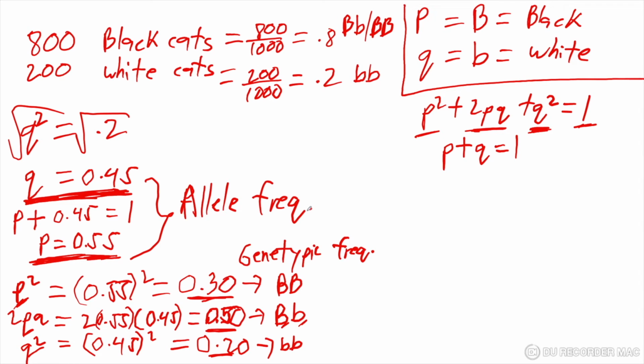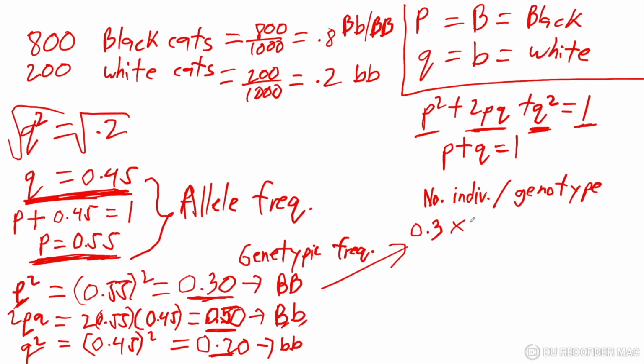Now we have your allelic frequency and genotypic frequency. Now, how to compute for the number of individuals per genotype? Simple lang ulit. What we will do is get that genotypic frequency. So, 0.3 times your population. Since we have 1,000 cats, we have 300 for the BB, homozygous dominant individual.